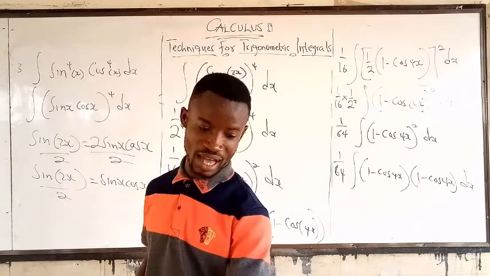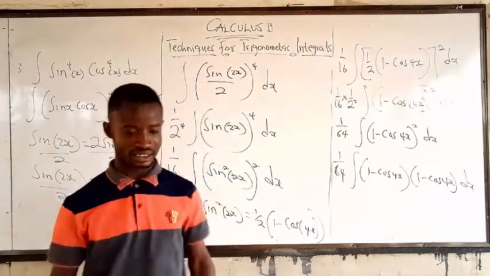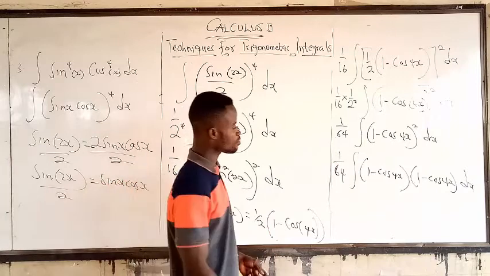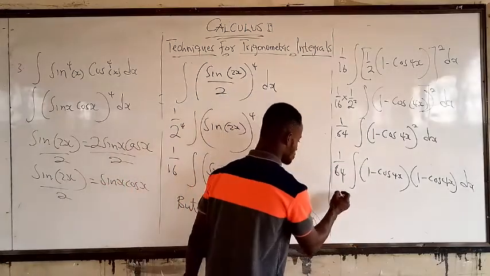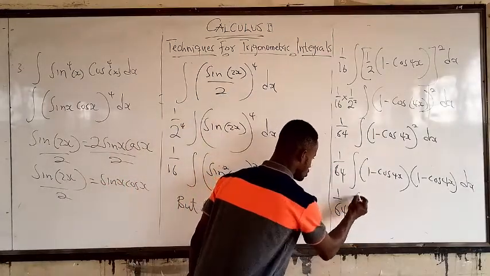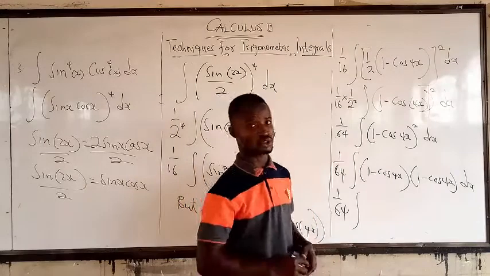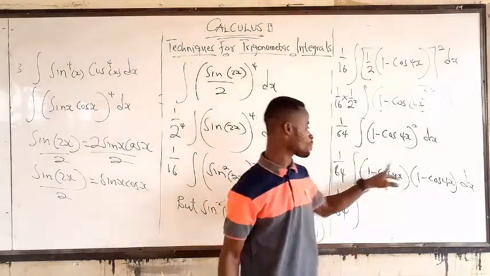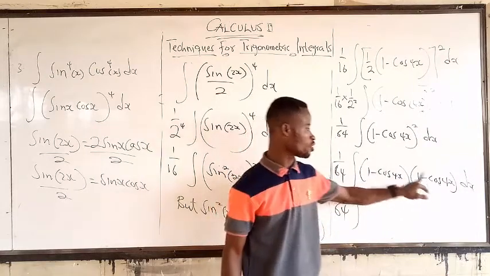So when you expand and simplify it, you are going to get 1 times the whole of this times the whole of this.